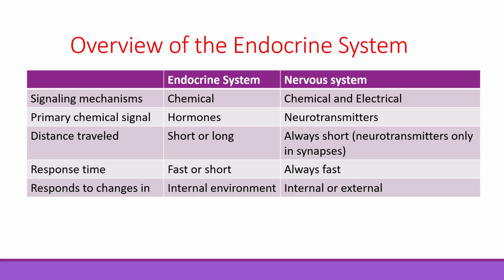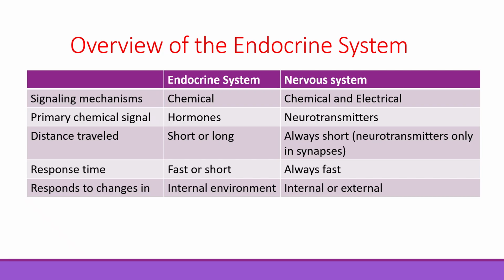So taking a look and comparing and contrasting endocrine versus nervous system. All right. The signaling mechanisms in our endocrine system are chemical. This is our hormones that we're talking about. In our nervous system, we had chemicals, neurotransmitters, as well as electrical signals. The primary chemical signal, of course, is hormones in the endocrine system, and it was neurotransmitters in our nervous system.